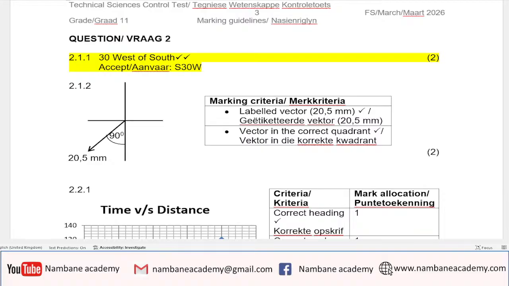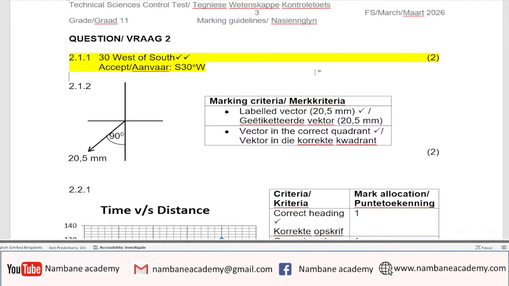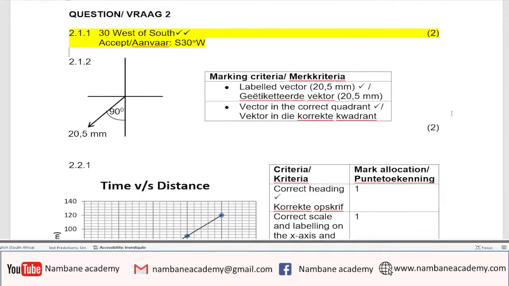All right. Then the next one, they had to draw the vector diagram. Draw a vector diagram using the bearing method to represent the position of D in terms of C, and use the scale of 10 millimeters representing 1 Newton. As you can see there on the memo, it is the Cartesian plane.